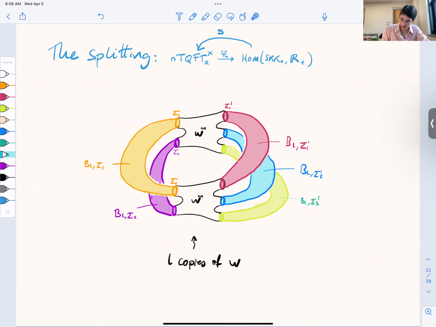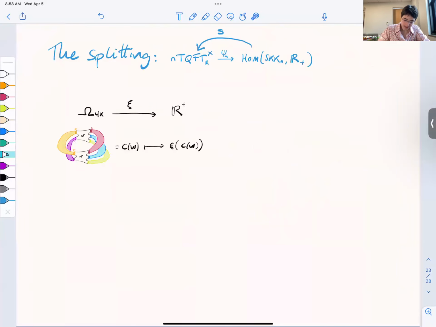Now you have this closed manifold, and what do you do with it? Well, this closed manifold is going to be something which is possibly non-trivial in your 4k dimensional cobordism. Now, we had this invariant, and we compute that invariant on this closed manifold, and it gives me this sigma of the closed manifold, whatever that gives.